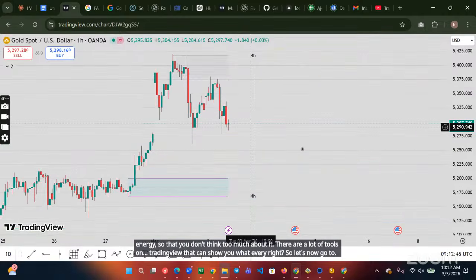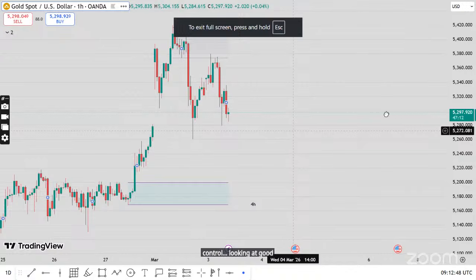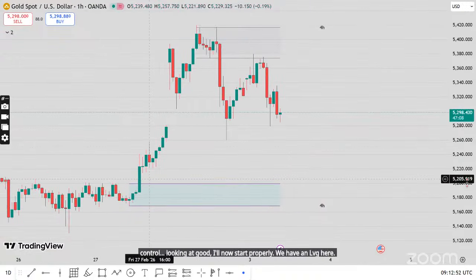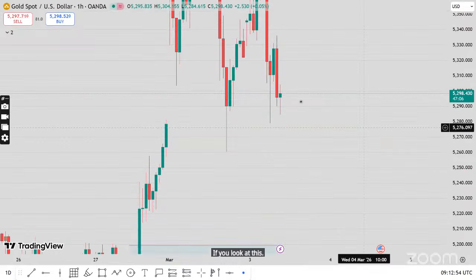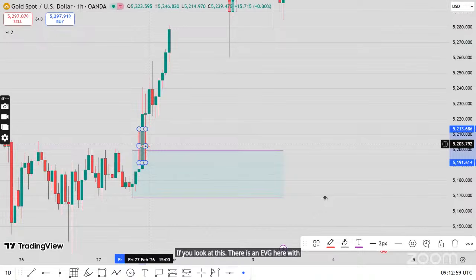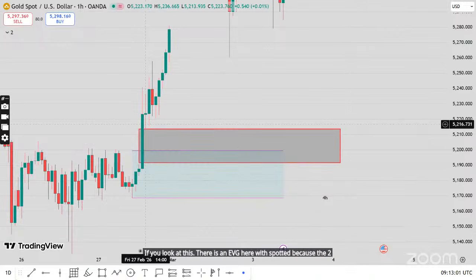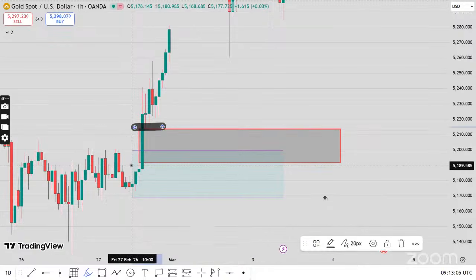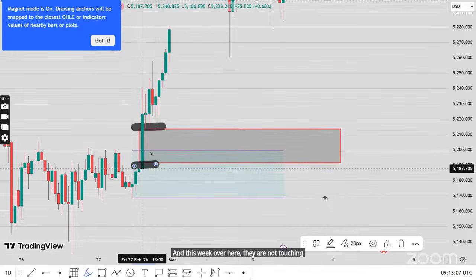All right. So let's now go to gold. Looking at gold, I'll now start properly. We have an FVG here. If you look at this, there is an FVG here. You can spot it because this wick over here and this wick over here are not touching each other. So that space is there.